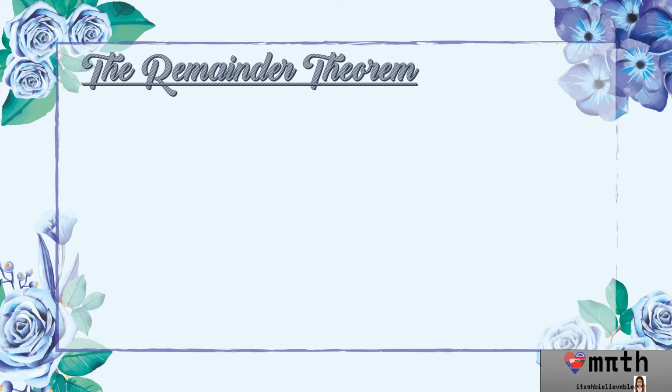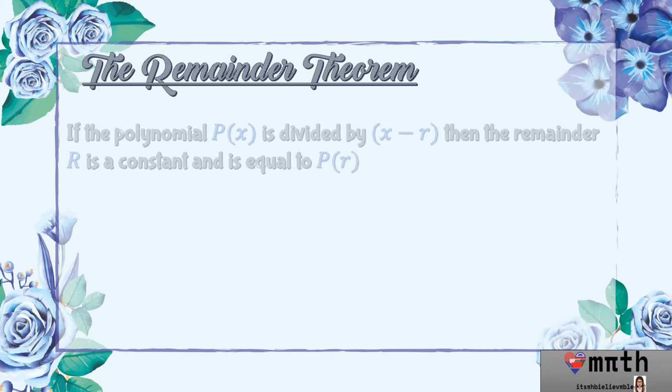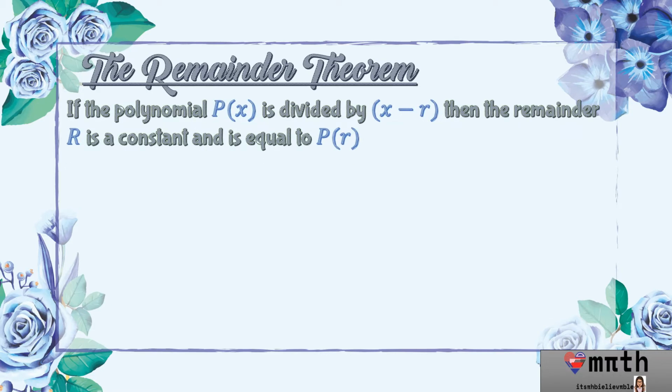Since we are already done with our activity and you were able to answer it correctly, we now proceed to the definition of terms. Let us have the first theorem, which is the remainder theorem. The remainder theorem states that if the polynomial p of x is divided by x minus r, then the remainder R is a constant and is equal to p of r.